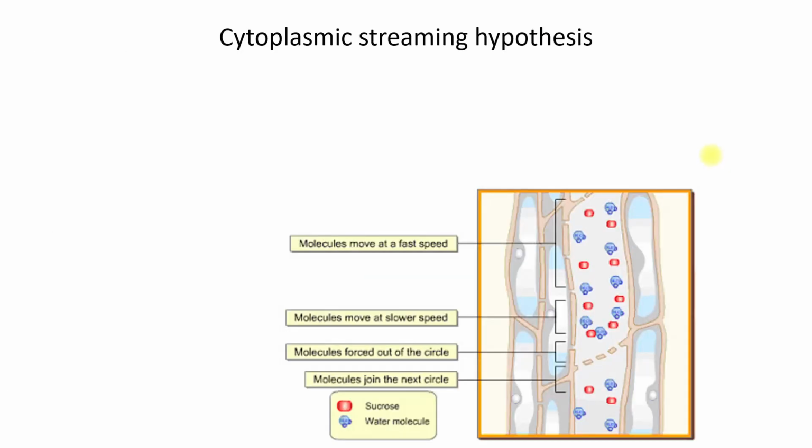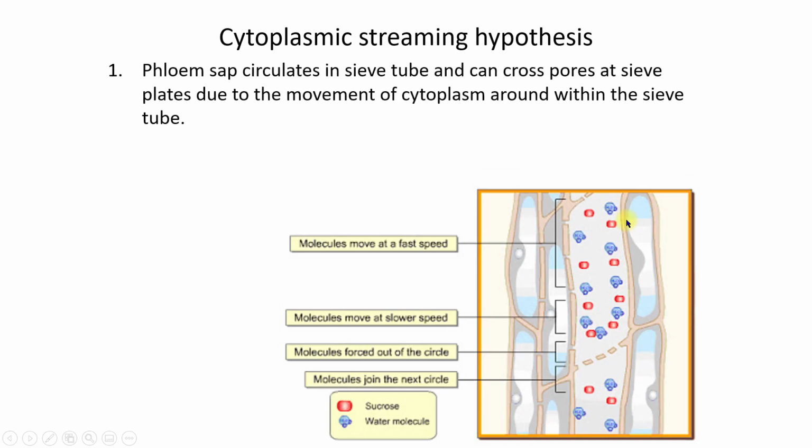Now let's go to the cytoplasmic streaming hypothesis. You can refer to this diagram here. This is the sieve tube and this is the companion cell. Now, in this hypothesis, the phloem sap circulates in the sieve tube.